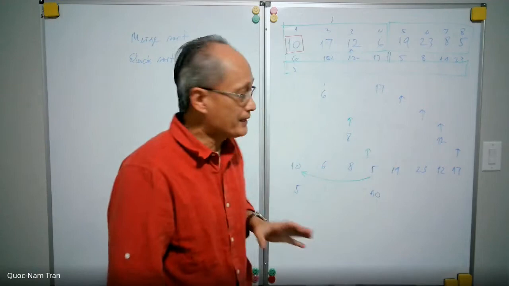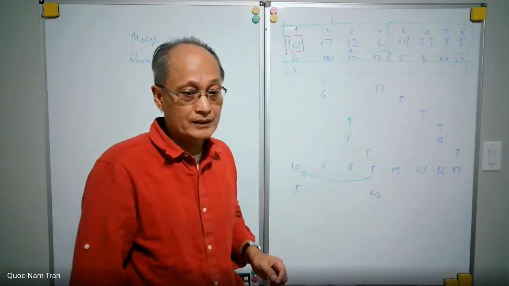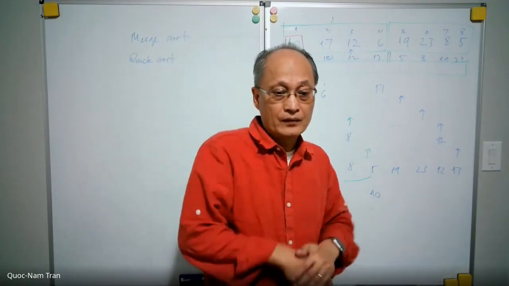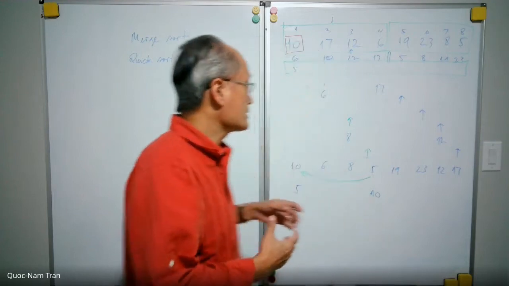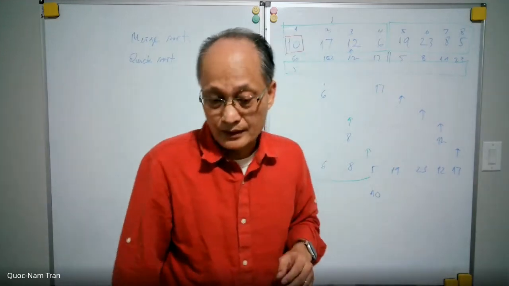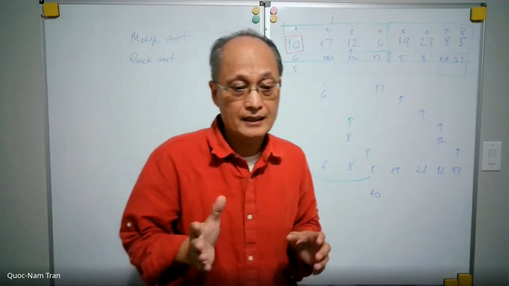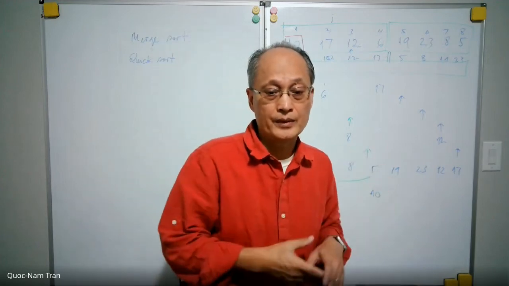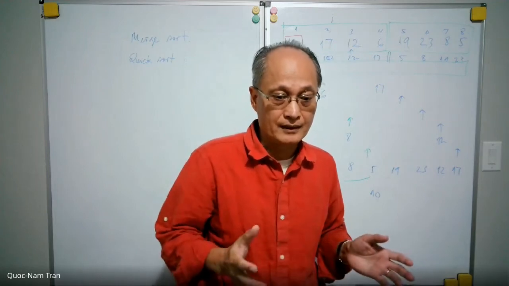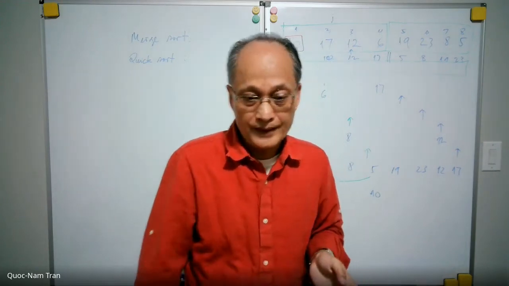You cannot do it with quicksort because quicksort requires that we have the data in the main memory. So in other words, both quicksort and merge sort are still useful. If the data is small enough, meaning that we can fit them into the memory, quicksort is the best. But if it's too big, we will try to use merge sort in that situation. Okay.